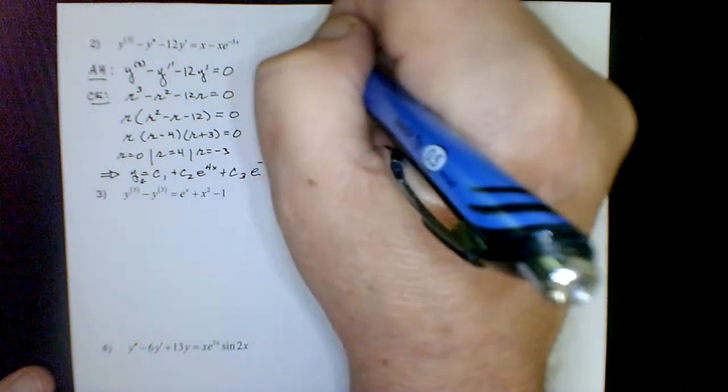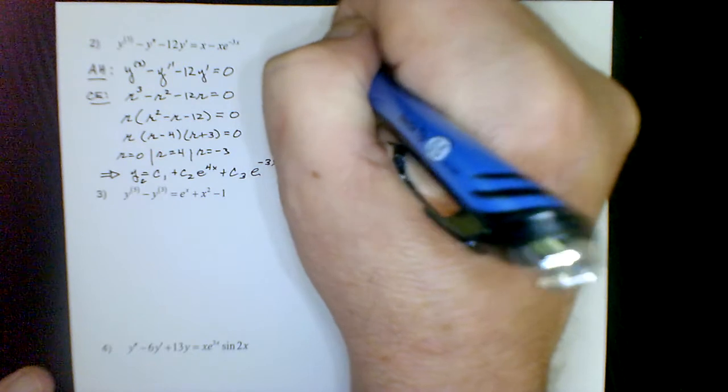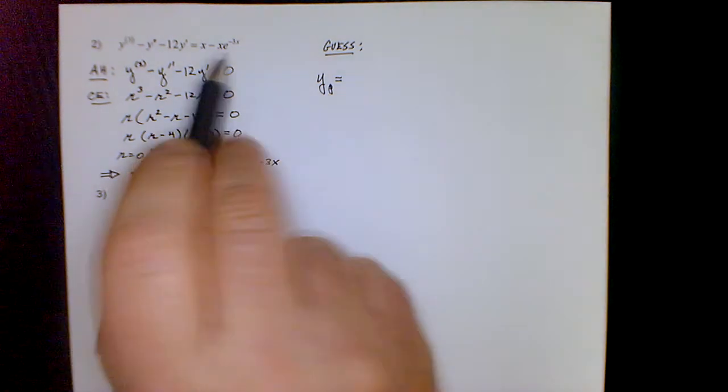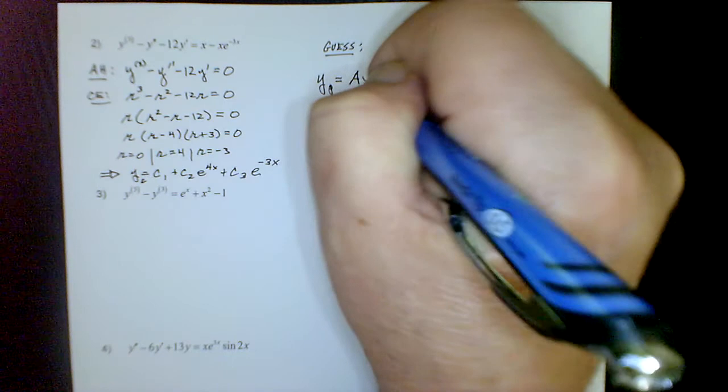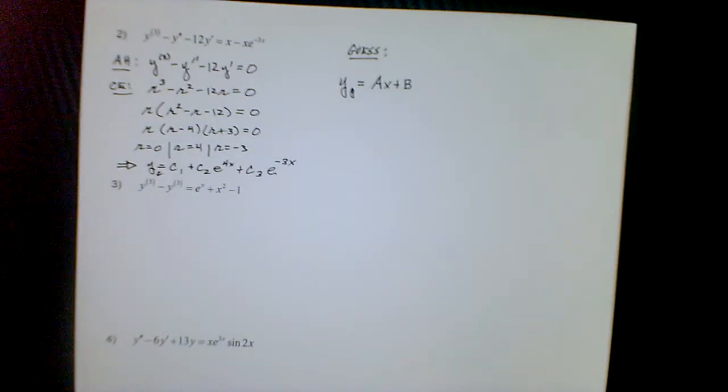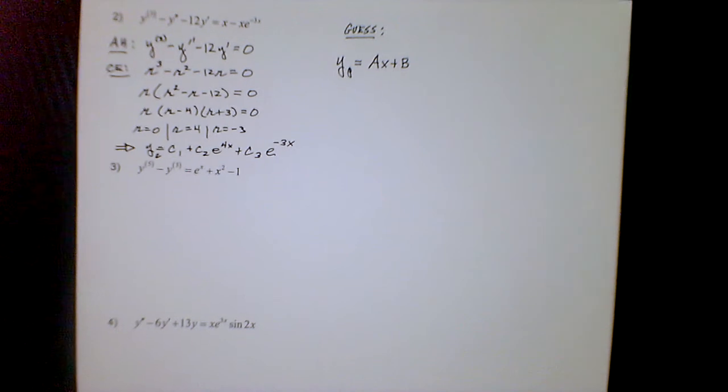Alright, and so then we'll come up here for our guess. And the y sub p then, just take it term by term. The first term is just x, so for that we need to use ax plus b, and the second term is x e to the negative 3x.